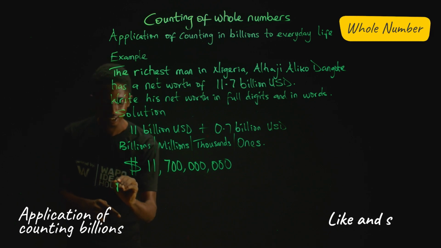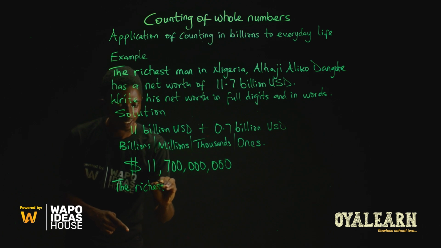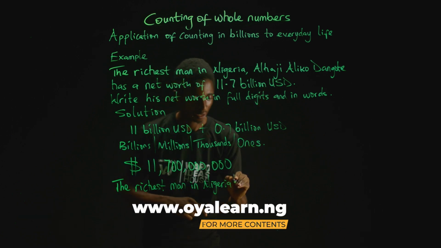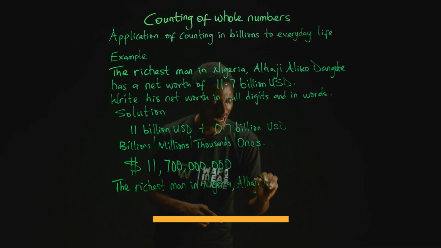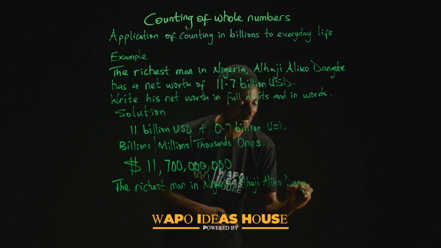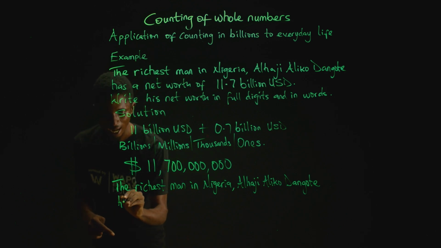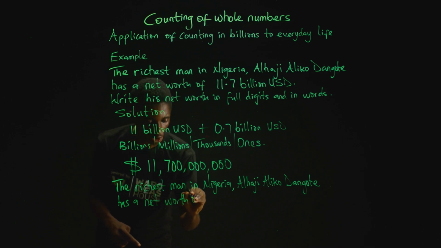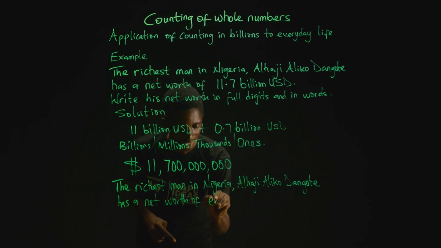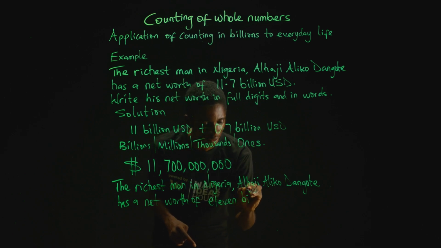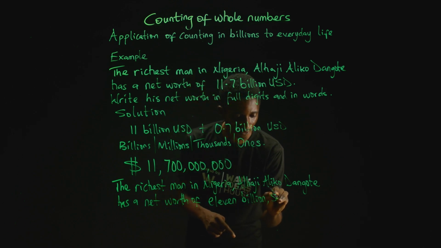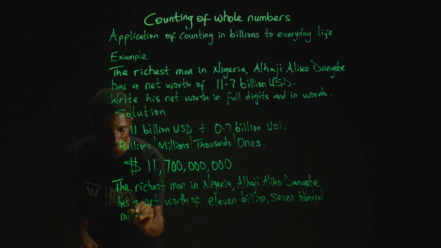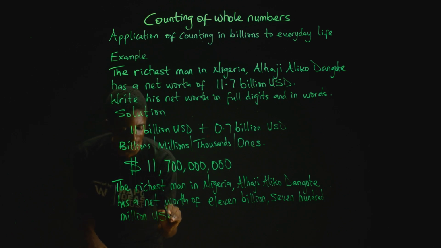So we will say the richest man in Nigeria, Alhaji Aliko Dangote, okay, has a net worth of the number now 11 billion 700 million USD.